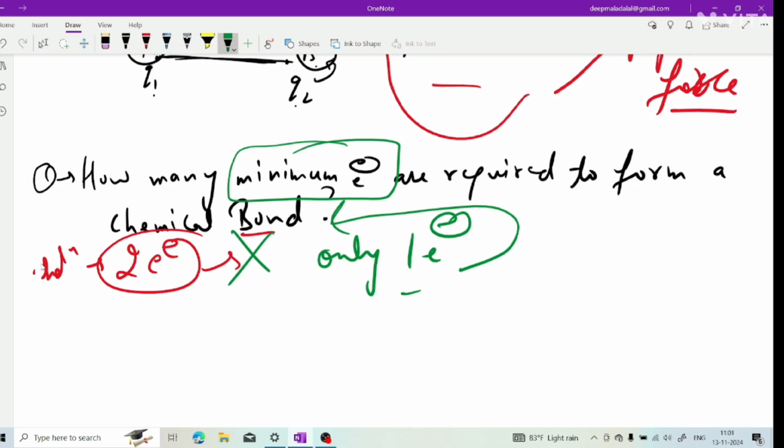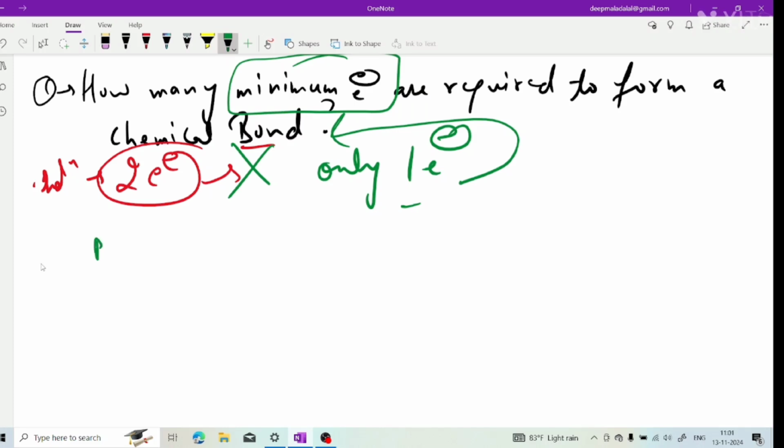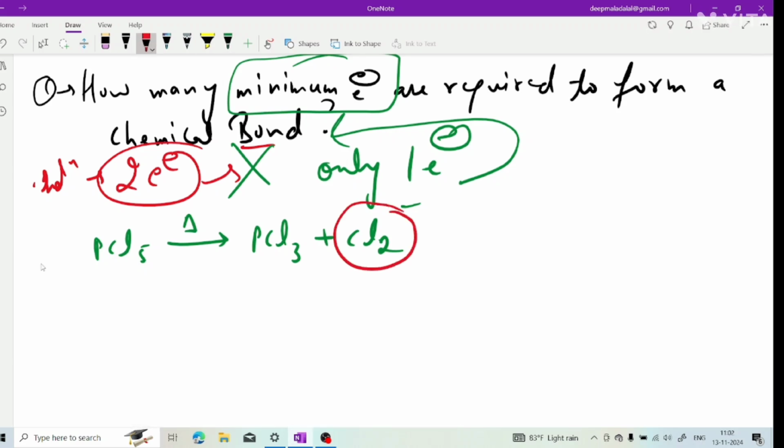If you want to see an example, you can see PCl5. On heating, PCl5 breaks into PCl3 plus Cl2. This Cl2 bond is formed from one electron.